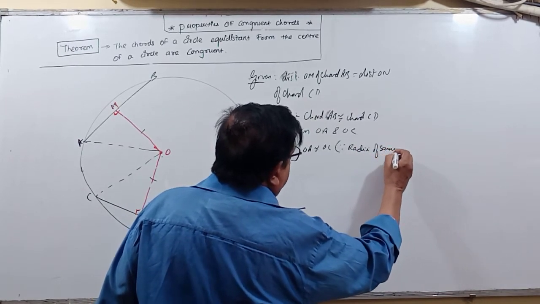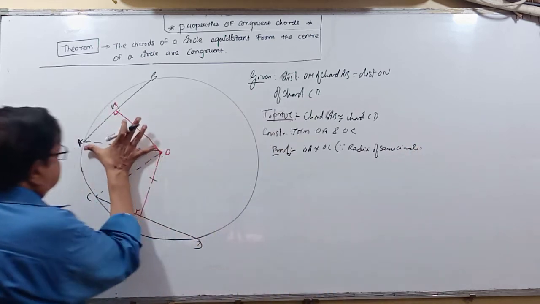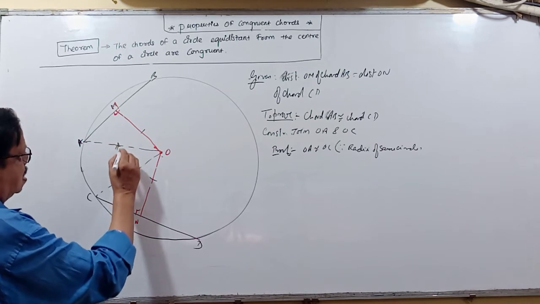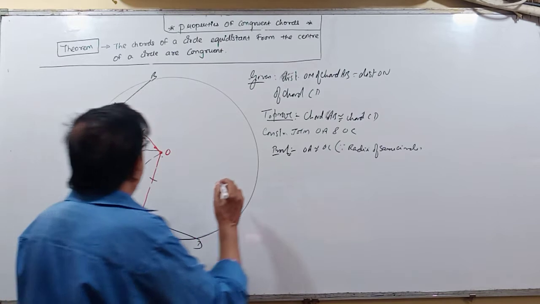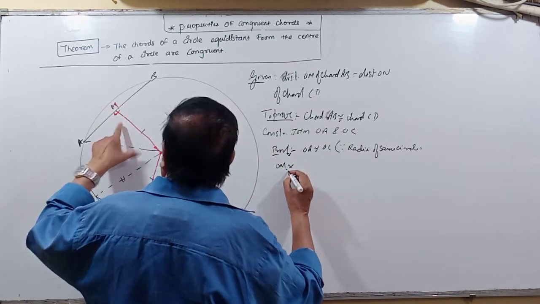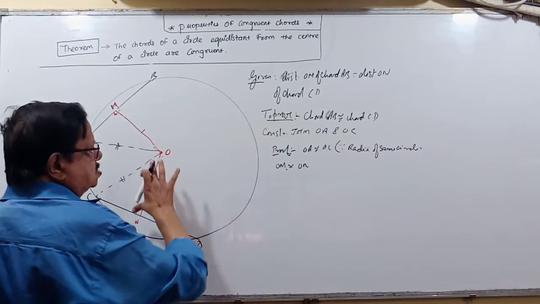In the circle, OA is the radius, and OC is also a radius. OM is congruent to ON. This is congruent to this.